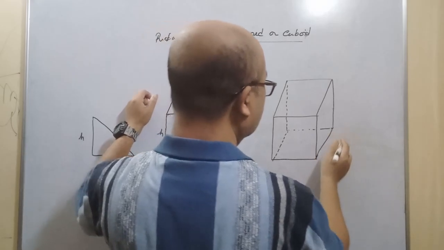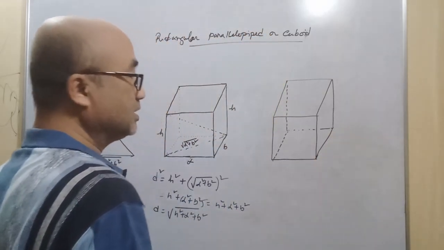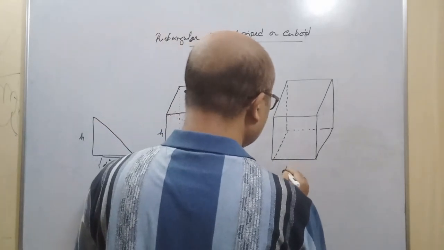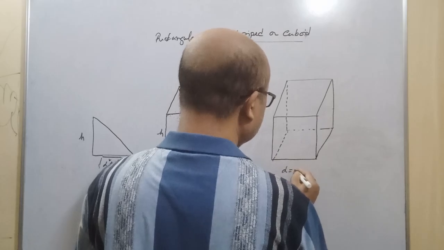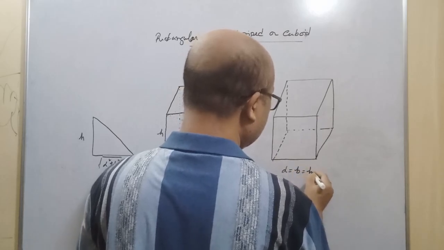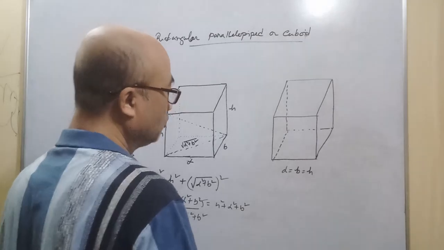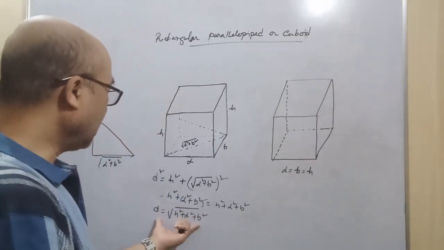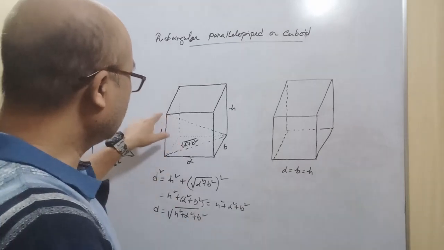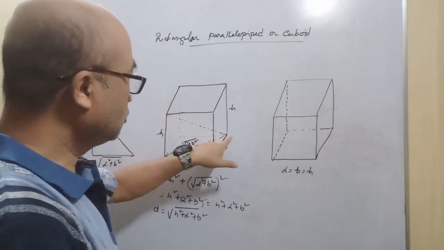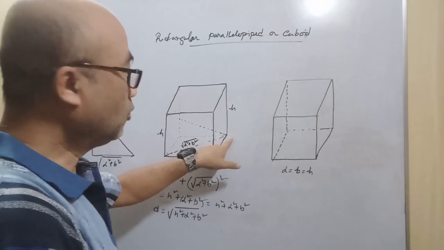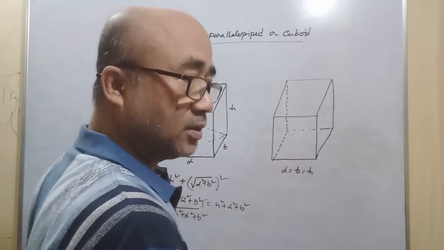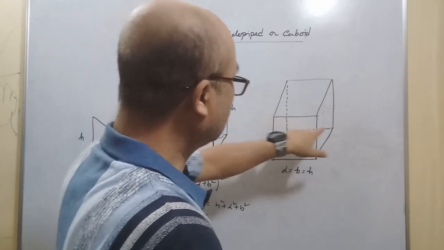So that is a cube, a special case of a cuboid. So if that is the case, that means length is equal to breadth is equal to height in case of a cube. So if this formula gives us the measurement of the diagonal from one vertex to the opposite vertex, then what will be the diagonal in case of a cube from one vertex to the opposite vertex?